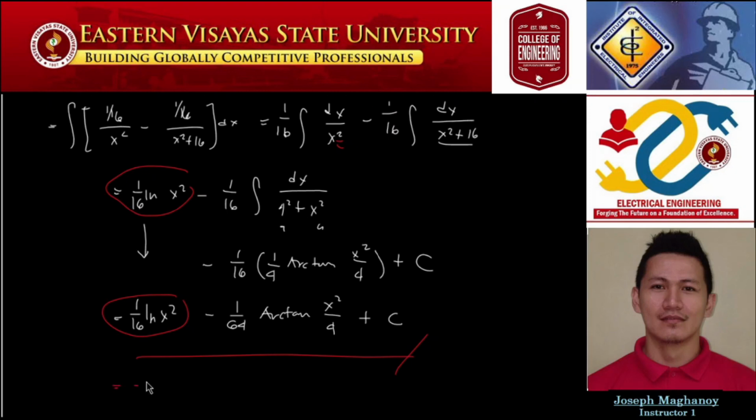So negative, that is 1 over 16. If we use our power formula and make this negative, it will become x to the negative 2 plus 1 all over negative 2 plus 1. So it will become... correction, okay, correction.